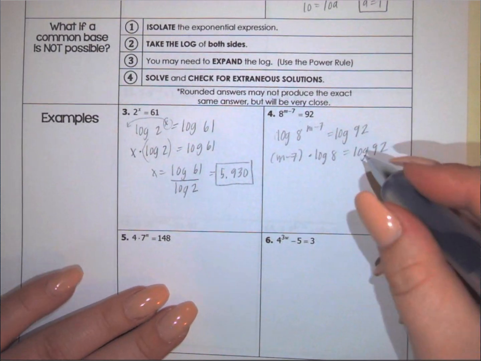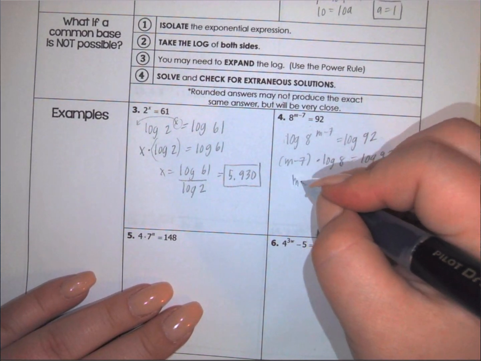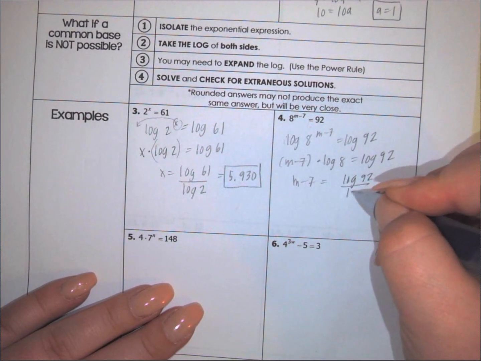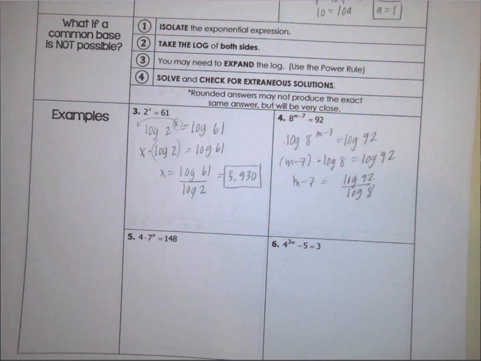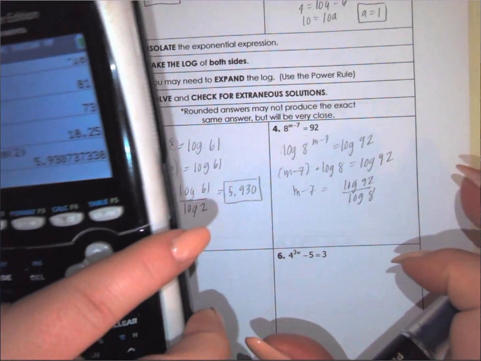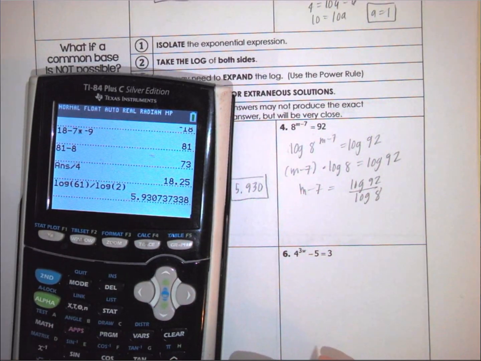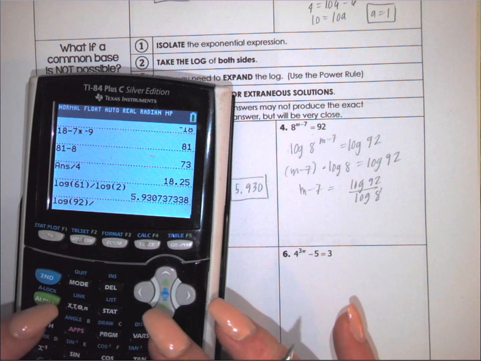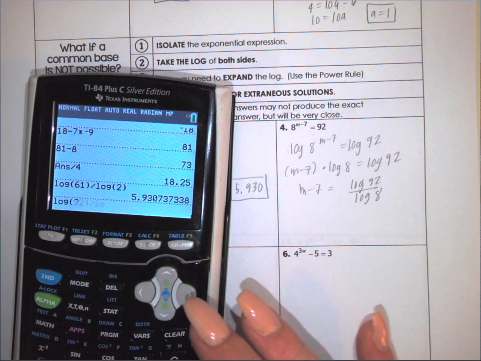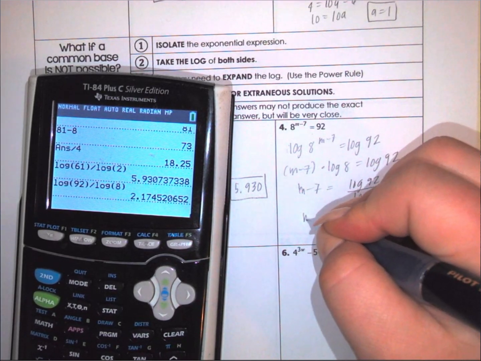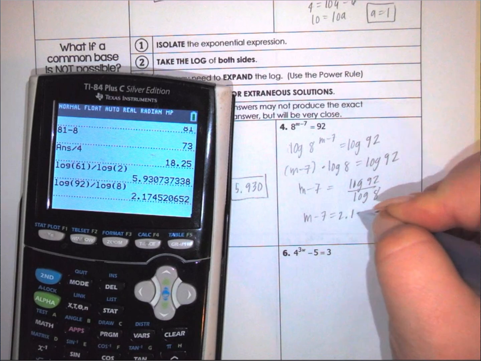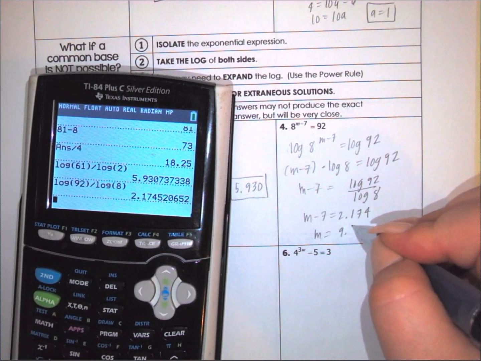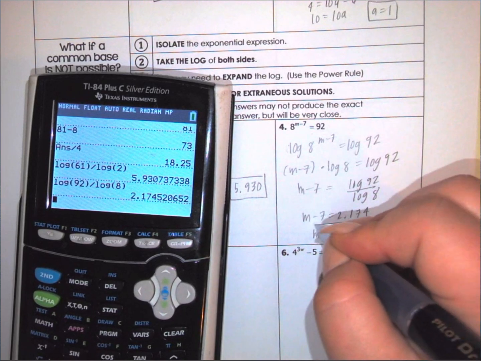Divide both sides by log of 8, so you get m minus 7 equals log of 92 over log of 8. Do that on your calculator. So m minus 7 equals 2.174. M equals 9.174 when you add 7.